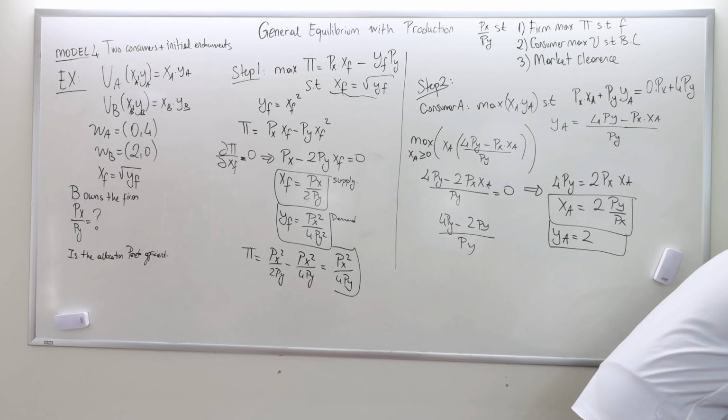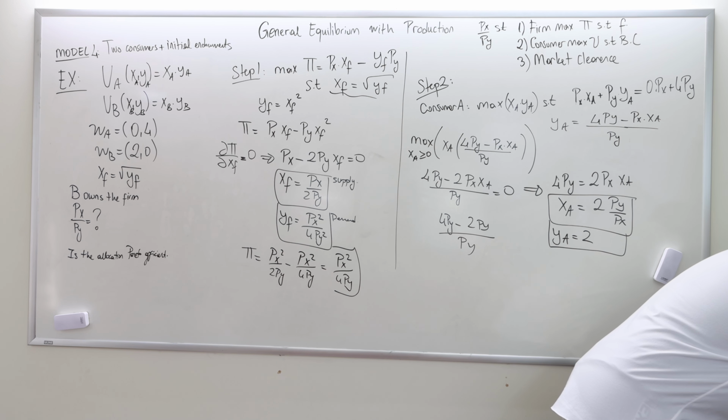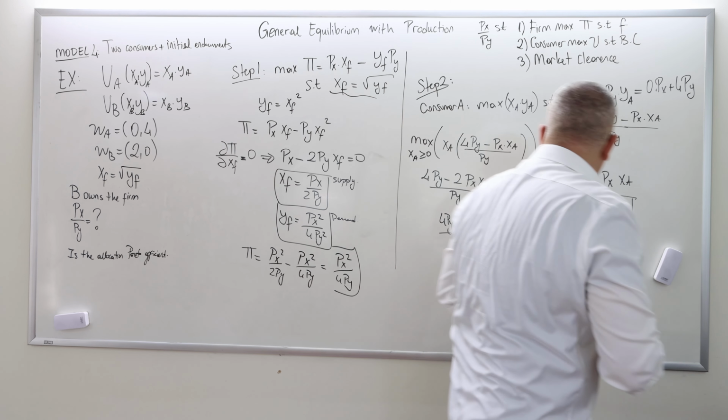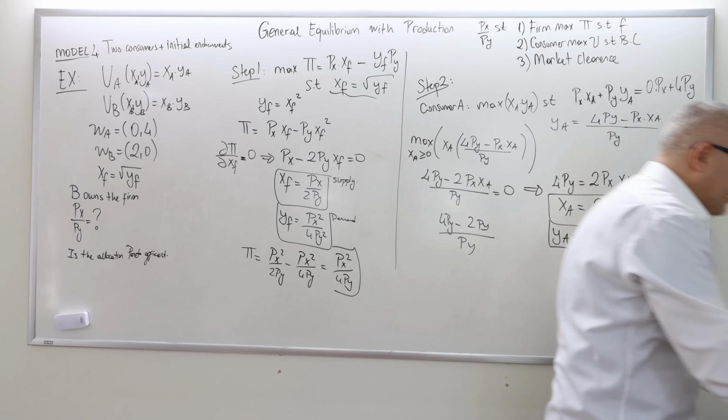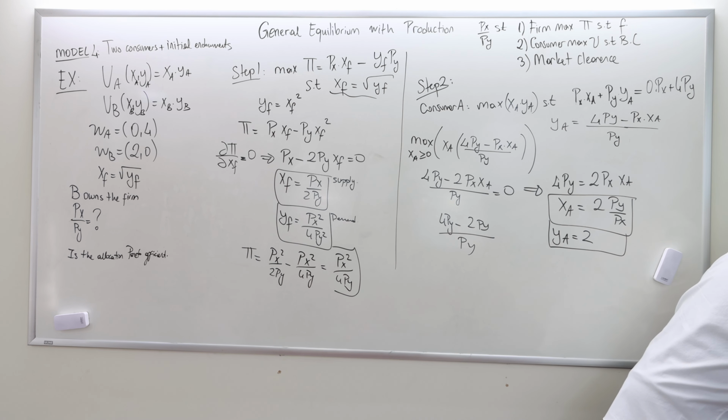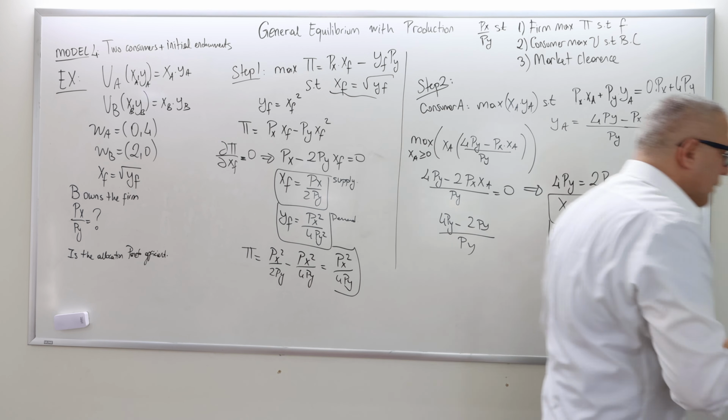Give me a second. Yes, that's correct. Okay, very well, because I am inclined to make mistakes and I didn't want to make mistakes. So I'm just checking with the answer. So this is how much good Y and good X consumer A will demand.